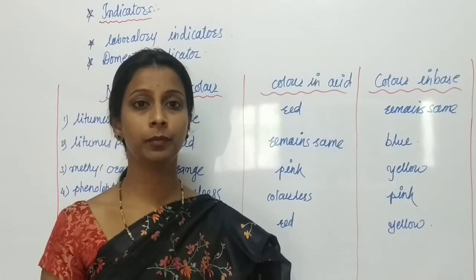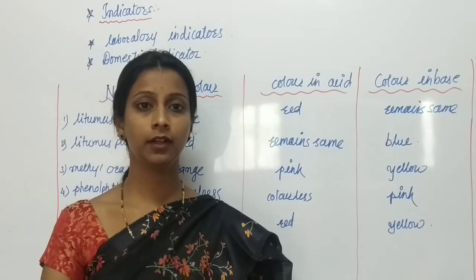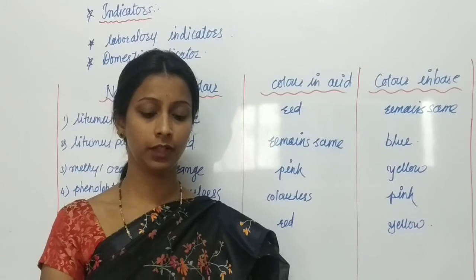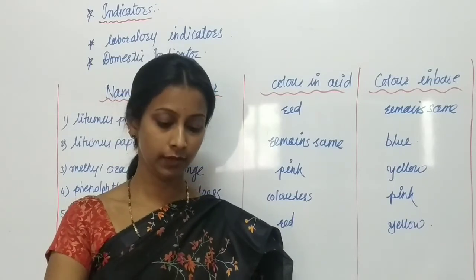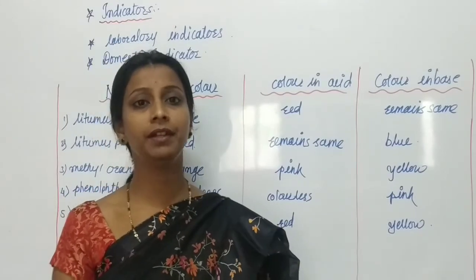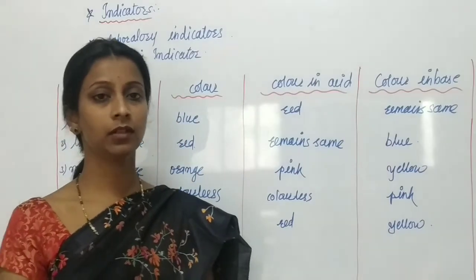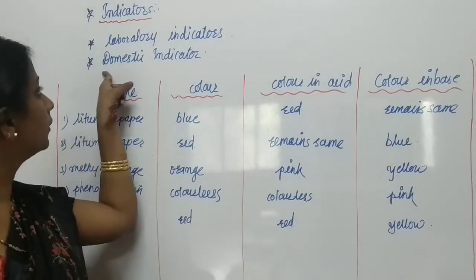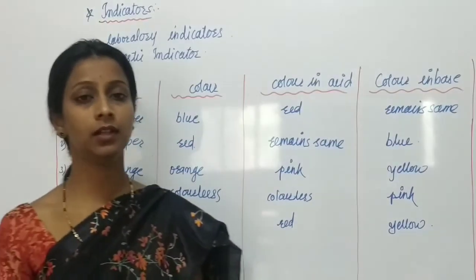You can do the procedure at your home. Take a bit of turmeric on soap, and that place becomes red. So these are some domestic indicators which are present in our home, and they are called domestic indicators.